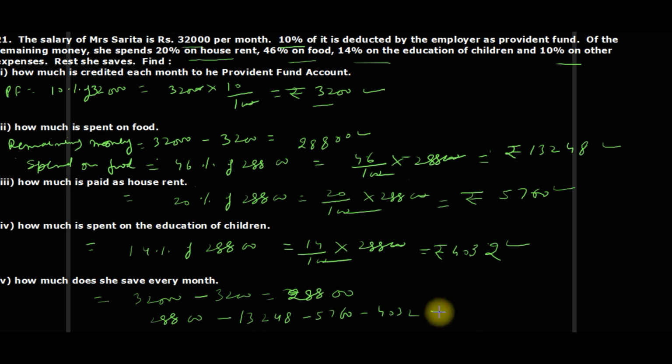So this would come out to be rupees 5,760. Right students, so this was your exercise 9th B.